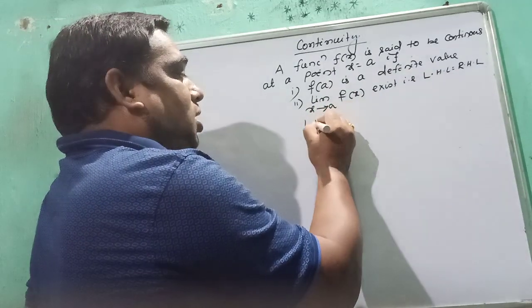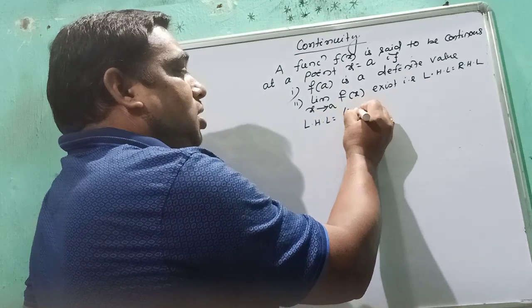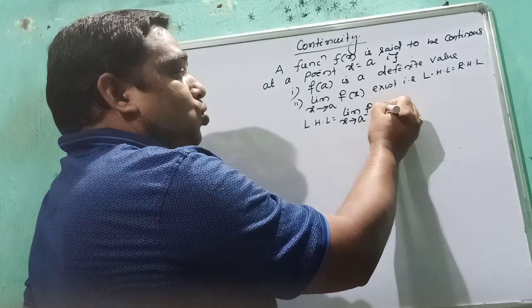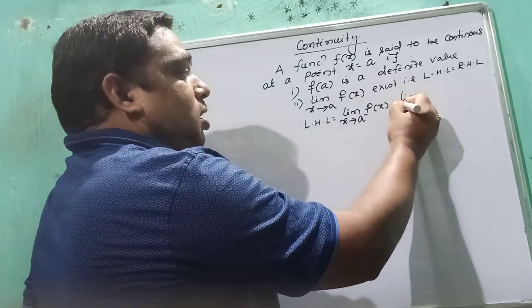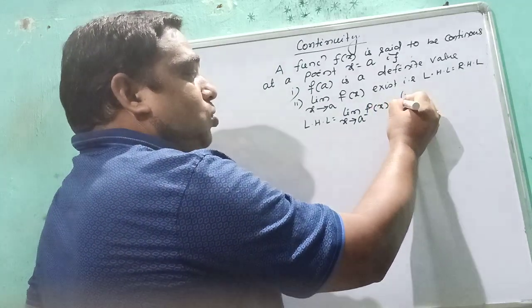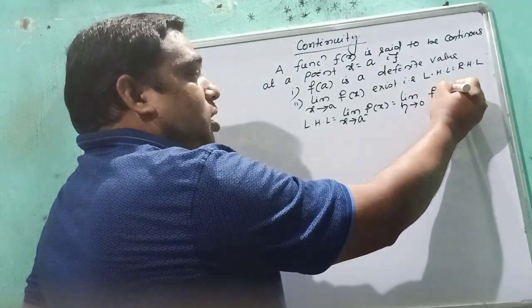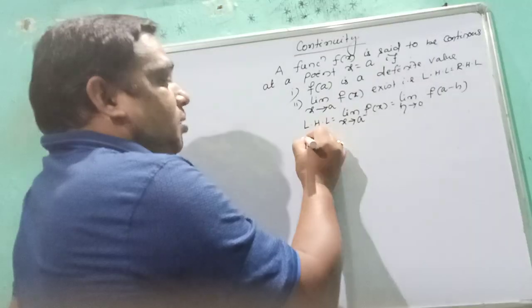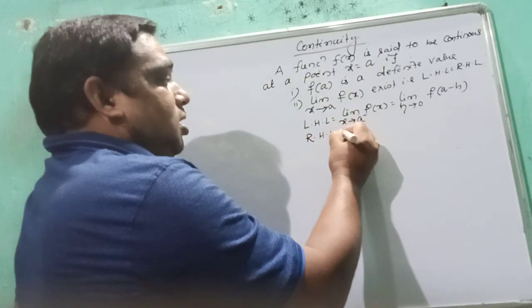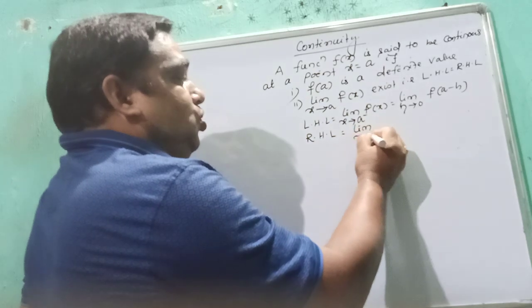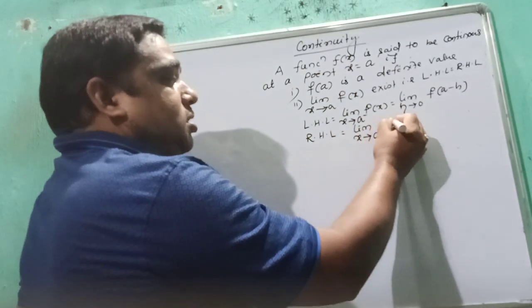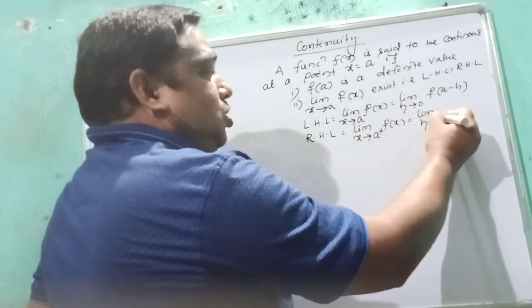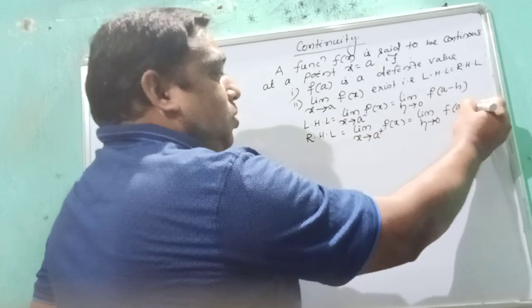The left hand limit is limit x tends to a minus of f(x), which is equal to limit h tends to 0 of f(a minus h). And the right hand limit is limit x tends to a plus of f(x), which is equal to limit h tends to 0 of f(a plus h).